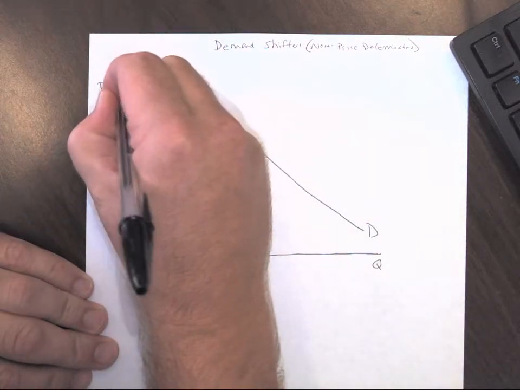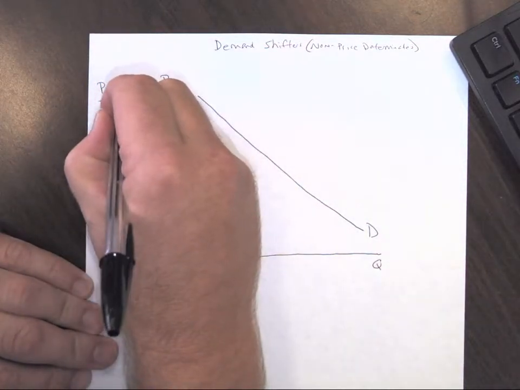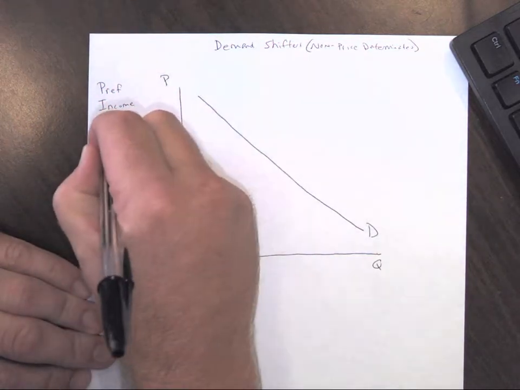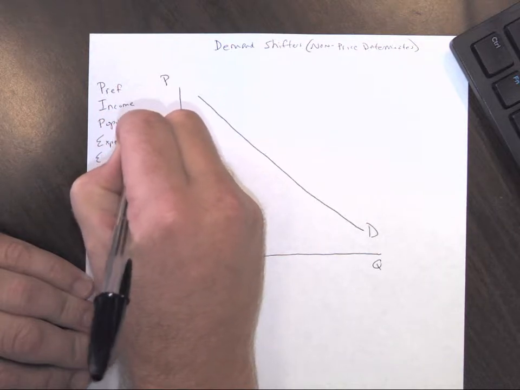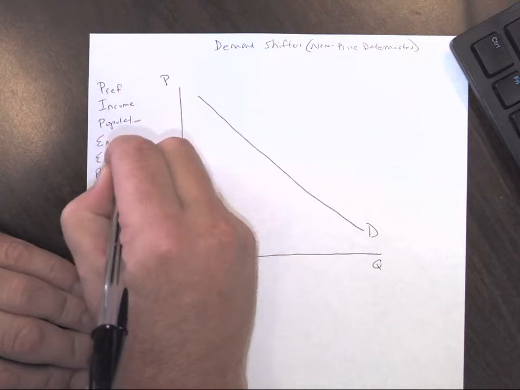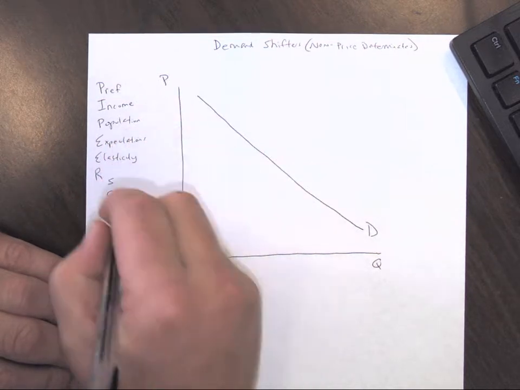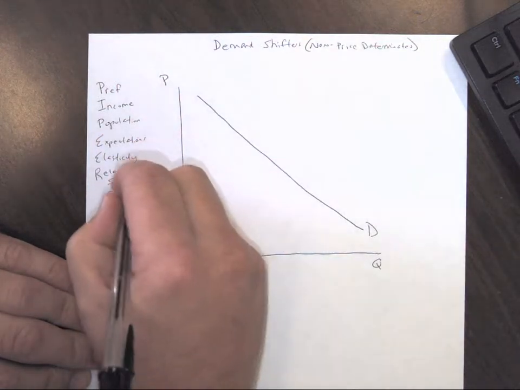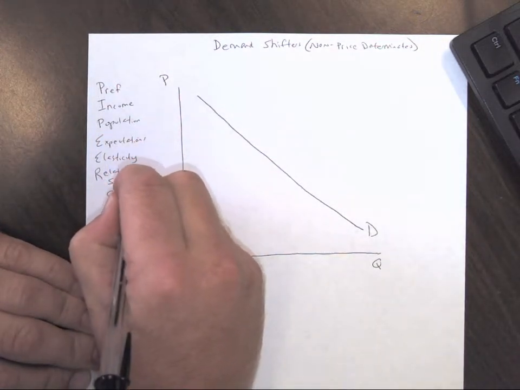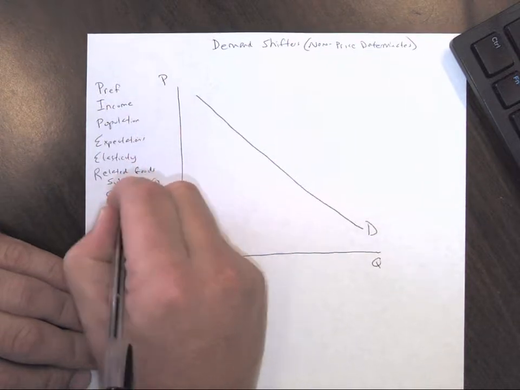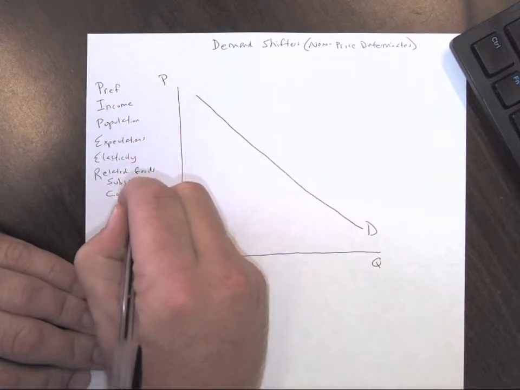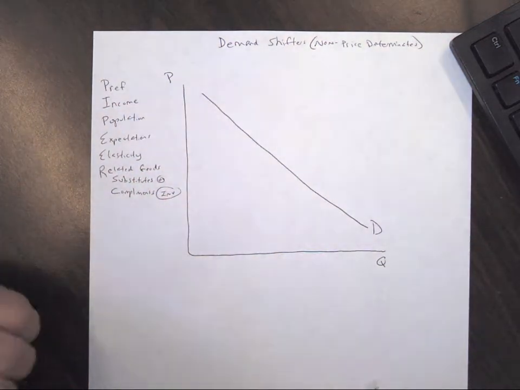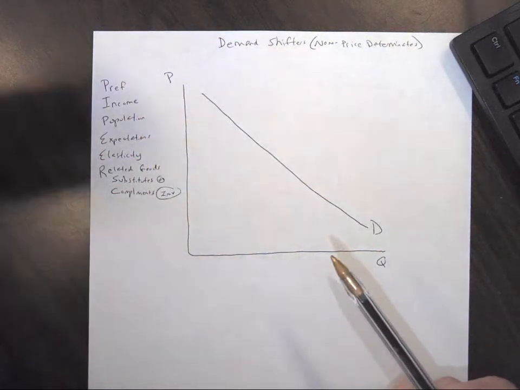So that includes our preference, our income, the population, expectations, elasticity, related goods, which are substitutes, which are positive, and complements, which are inverse. So now, and remember, you can just pause this to copy these down if you need to do that.